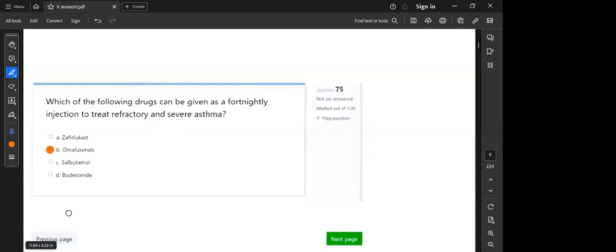Why do you give it fortnightly? Maybe Fatima can tell us. If I'm not wrong, I think it takes a long time for the effects of omalizumab to be felt, up to 8 weeks, and thereafter the patient can feel the effects of the drug.